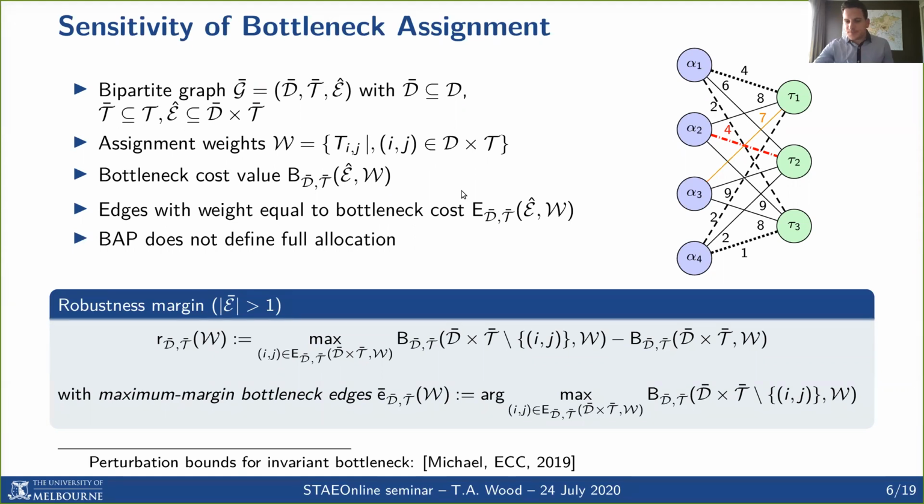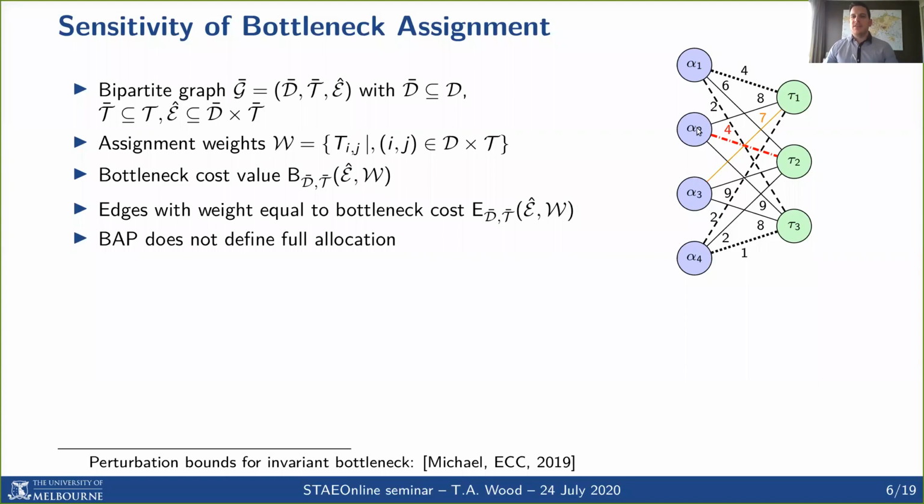And so to extract properties of this graph, we look at how sensitive a particular assignment is to changes in the weights of the assignment graph. So changes or errors in the estimates of the weights, of the traveling time, or actually deviations in the positions of the agents.